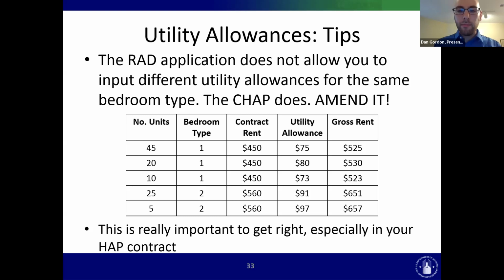So your CHAP isn't going to show that level of detail. But you can amend your CHAP, and you should amend your CHAP. Please amend your CHAP to show that level of detail. You can see on the screen here, this project has 3 different one-bedroom types with 3 different utility allowances. So request a CHAP amendment, and this will make sure this information gets into your HAP contract.